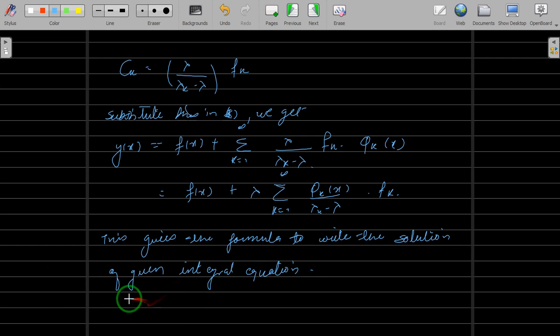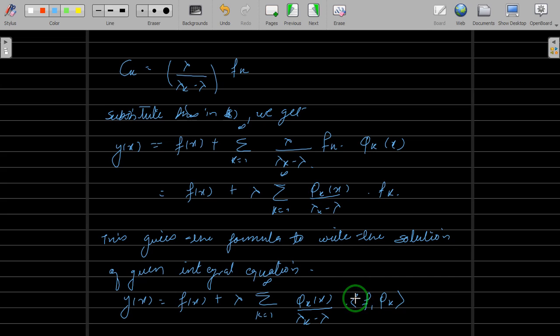How will you write the solution? The solution is y(x) equals f(x) plus lambda summation k from 1 to infinity phi_k of x upon lambda_k minus lambda, and then this f_k is nothing but the inner product of f with phi_k. And how to define this inner product on the relevant space, we already know from functional analysis.